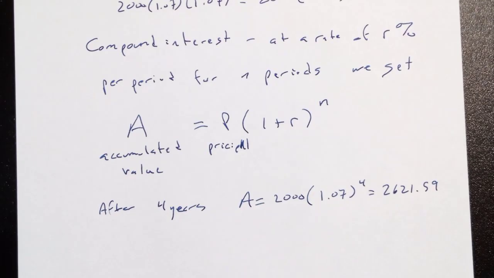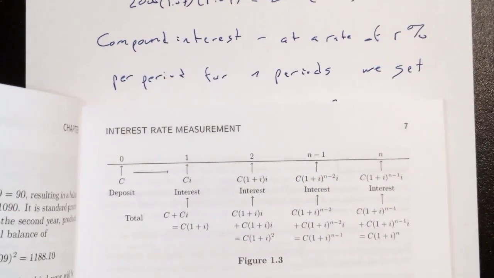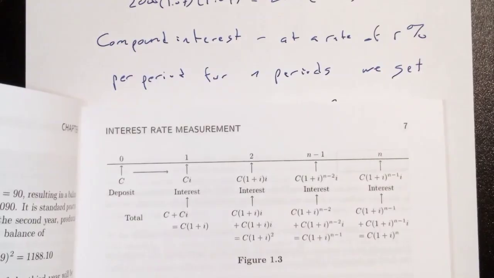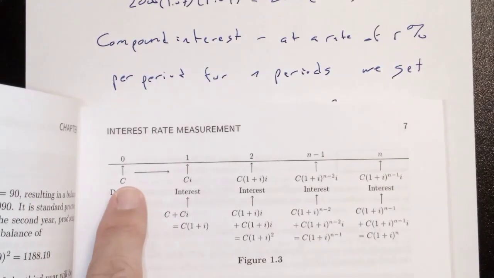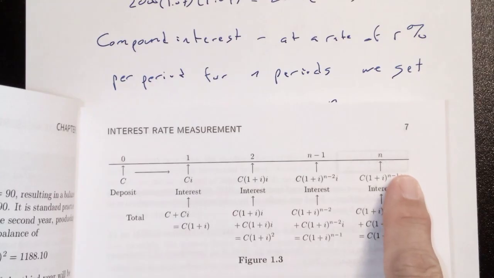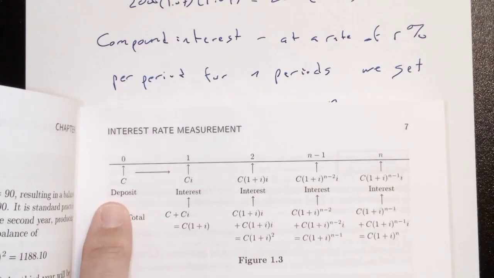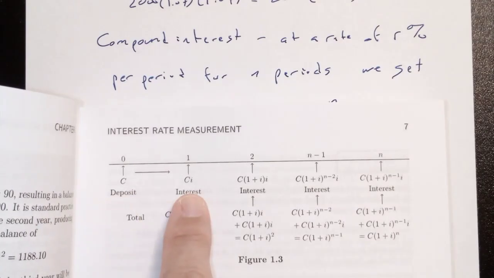On page 7, you'll see a sequence of interest charges written as a timeline. This time diagram, figure 1.3, shows an n-period set of deposits. Time goes from left to right. We deposited. We had an interest payment.